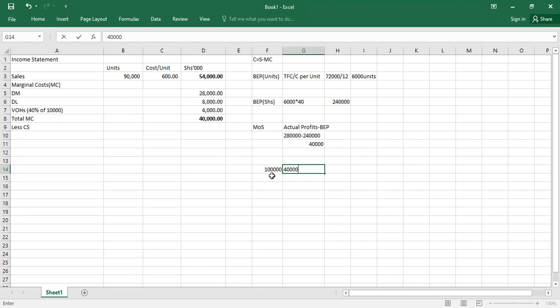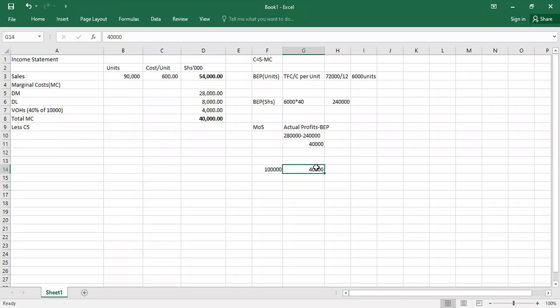Then we ask ourselves, what is the marginal cost per unit? What is 100,000 divided by this? And this is actually 40 million, not even 40,000.